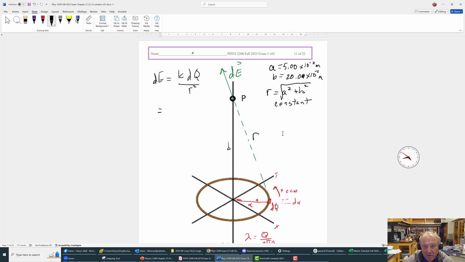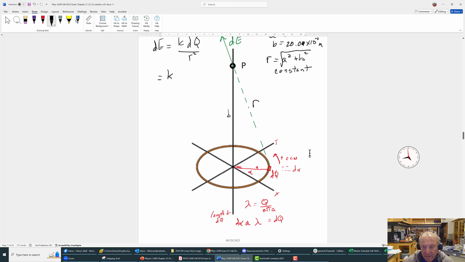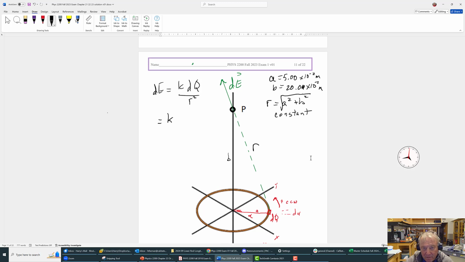So that means it's going to be k times A lambda d alpha divided by A squared plus B squared.